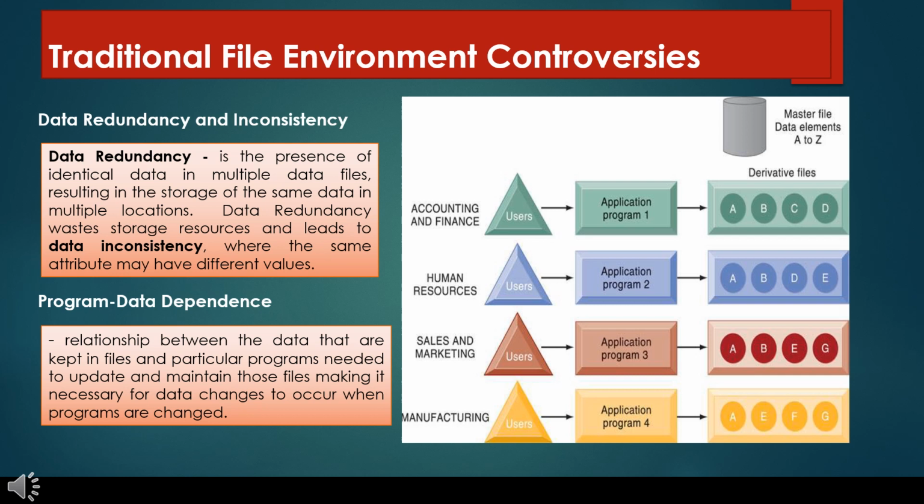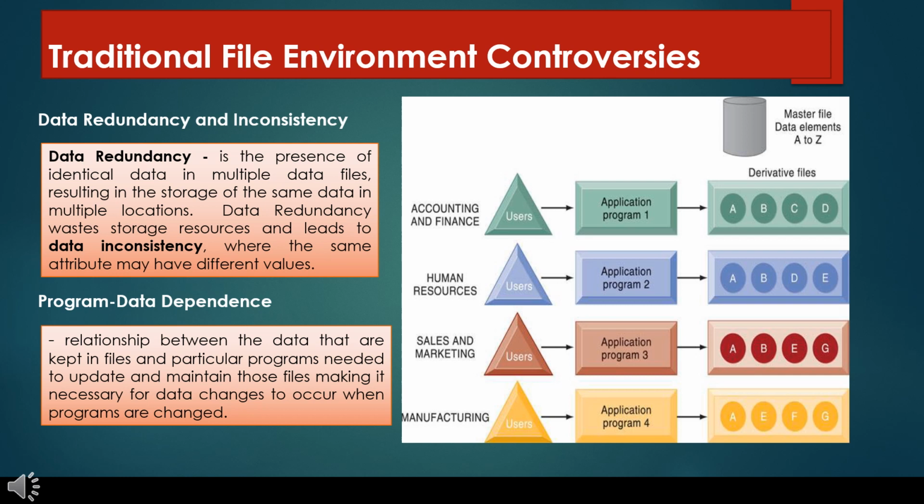Program data dependence. Program data dependence is a relationship between the data that are kept in files and particular programs needed to update and maintain those files, making it necessary for data changes to occur when programs are changed. Every conventional computer program is required to specify the location and type of data it uses.